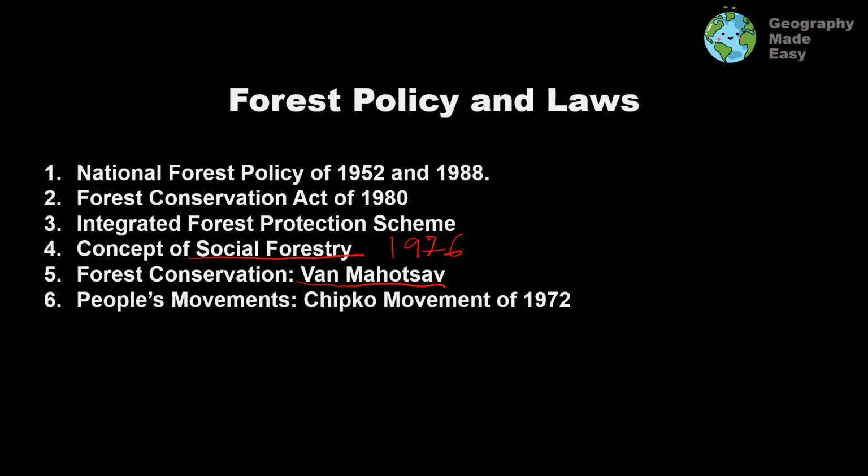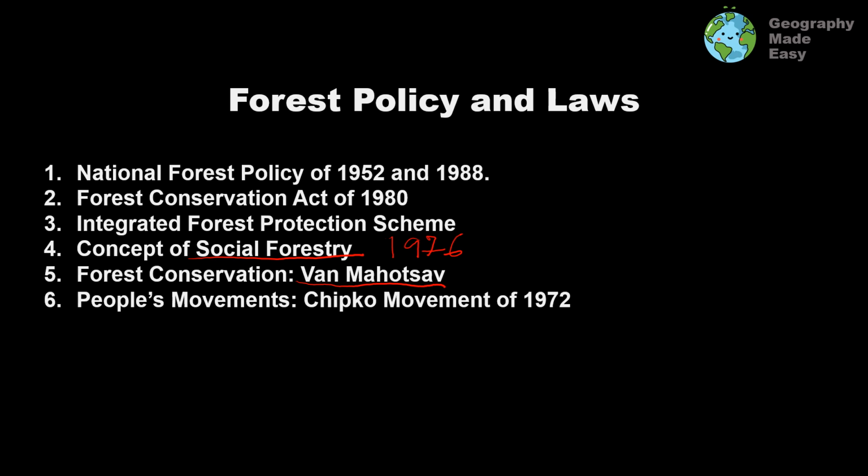And finally, forests are very important for the indigenous communities, especially people living in fragile environments. There have been several movements in India to protect forests, and one of very high significance is the Chipko movement of 1972 under the leadership of Sundarlal Bahuguna and Chandi Prasad Bhatt, where the villagers started hugging trees to protect them from being cut down.